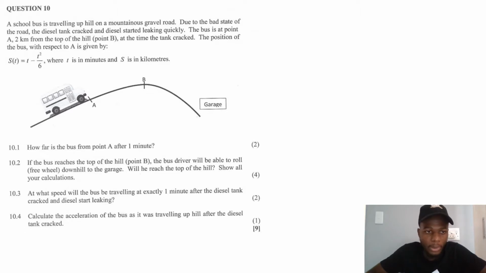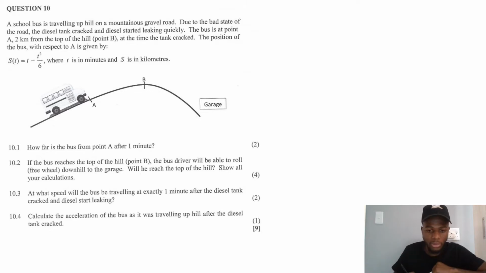The bus is at point A, 2 kilometers from the top of the hill, which is point B. At the time the tank cracked, the position of the bus with respect to A is given by S of t, which equals t minus t squared over 6, where t represents minutes and S represents kilometers. So the first question says, how far is the bus from point A after 1 minute?